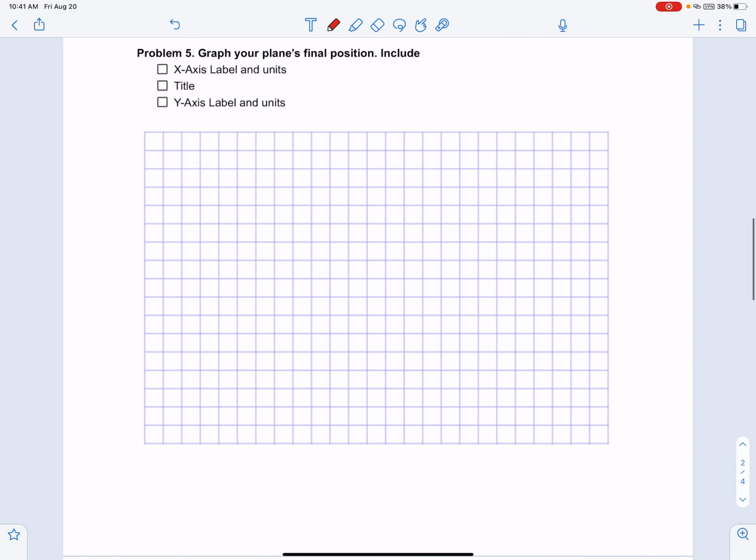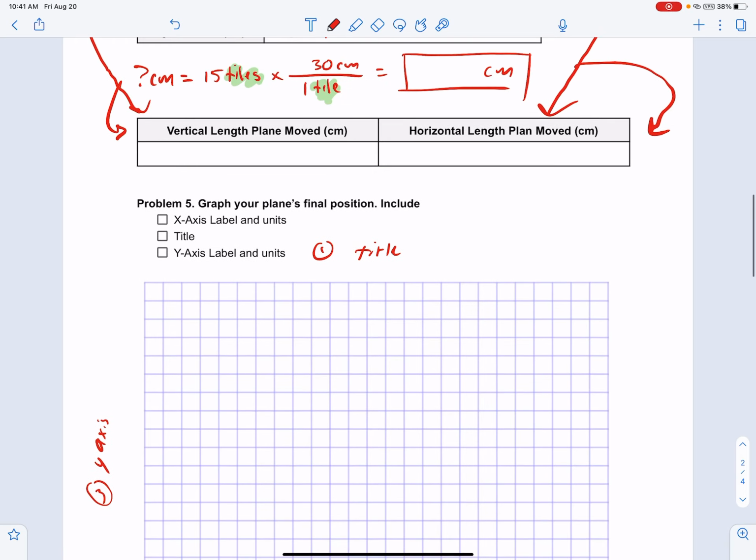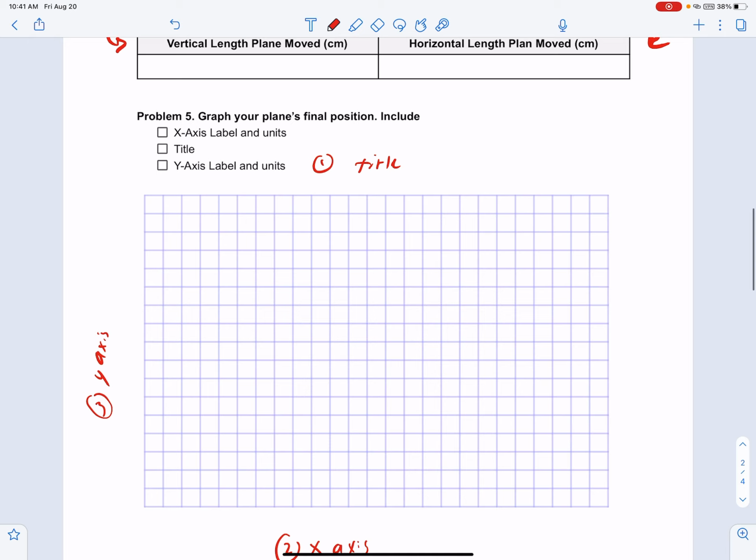All right, with graphing, this is something where you need to have the title. Then you need to have your x-axis label and your y-axis label. All you had to do was take your 2 answers from above and plot it on this chart.